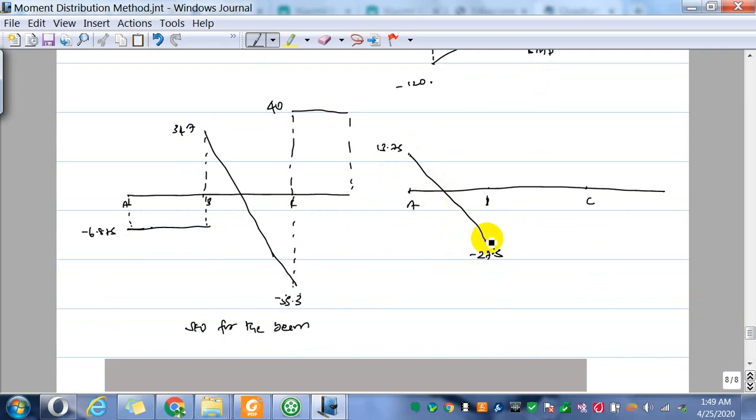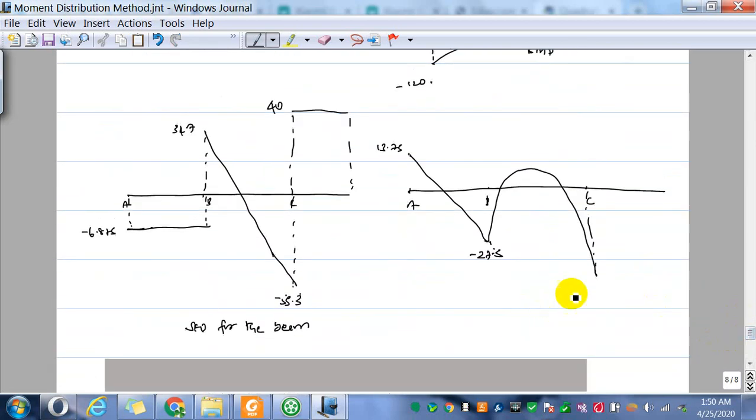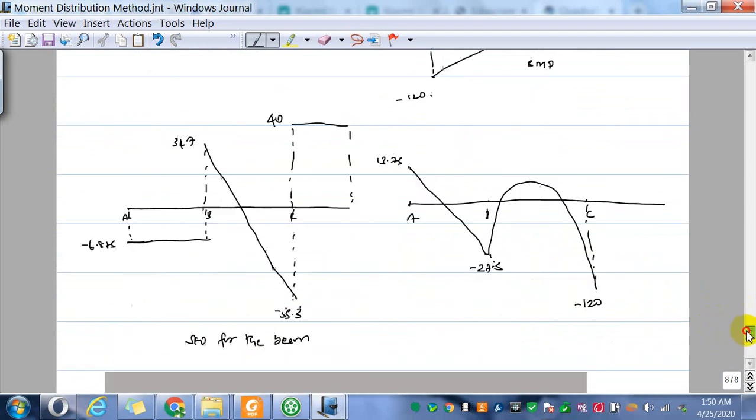And then you have minus 27.5 to minus 120. Then you have minus 120 to 0. So this is the bending moment diagram for the beam.